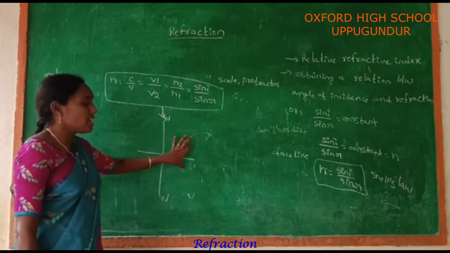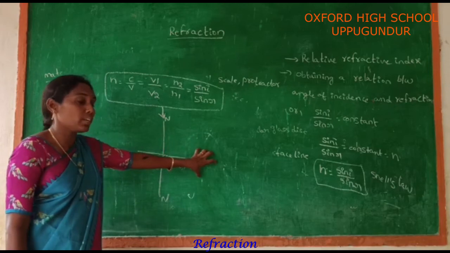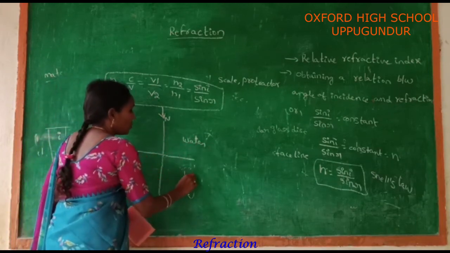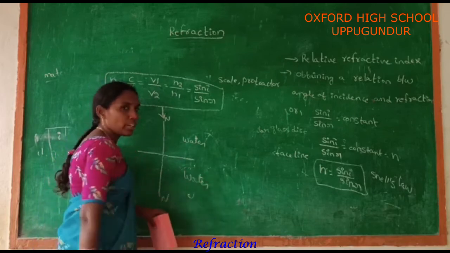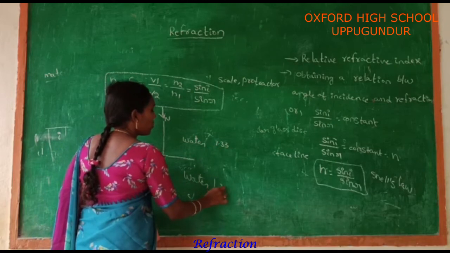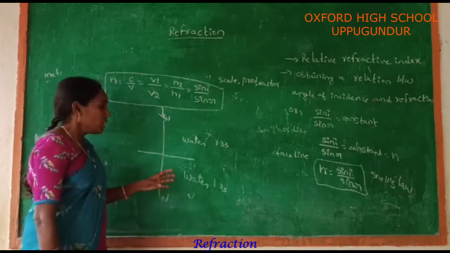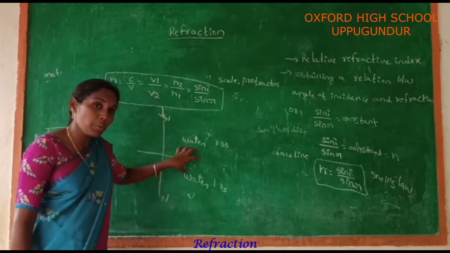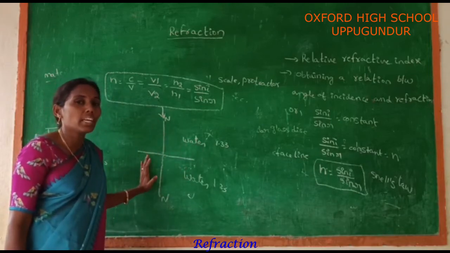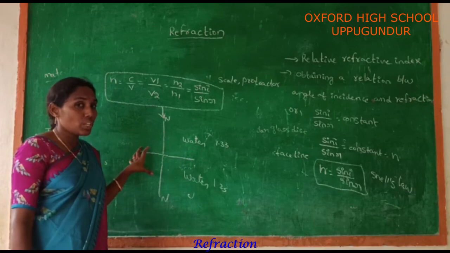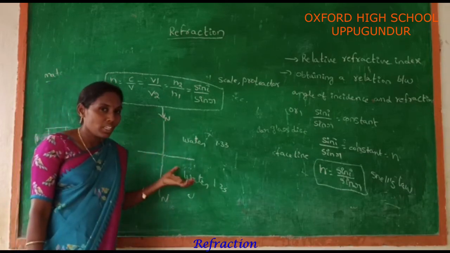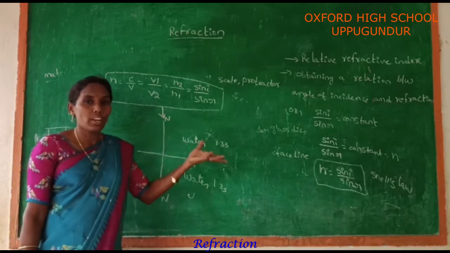If the two media have the same refractive index, for example water and water, both with refractive index 1.33, there is no deviation of the light ray. Also, if the angle of incidence is 90 degrees, there is no deviation of the light ray.